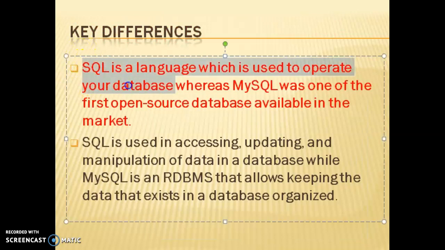SQL is a language used to operate your database. Whenever we give an SQL query, only then can we retrieve the data, store the data, change the data, or delete some data. That is called operating your database.